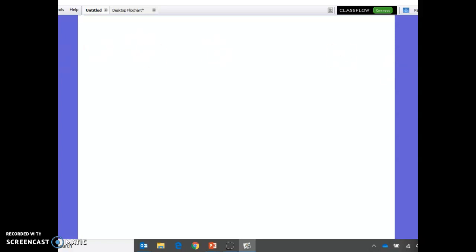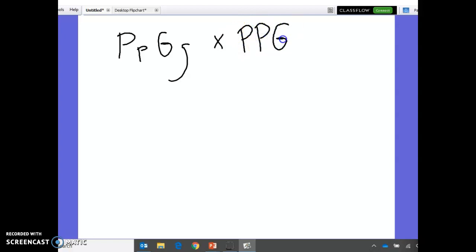If parent number 1 is double heterozygous, that plant is going to be big P, little p, big G, little g. And parent number 2 was homozygous purple, so big P, big P, and then heterozygous big G, little g.